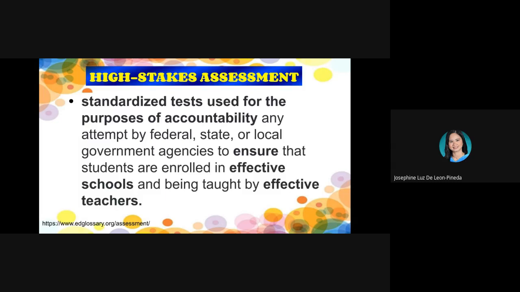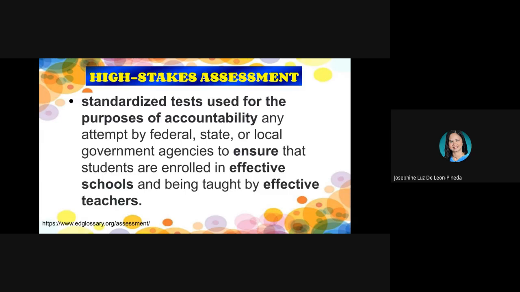In the case of the Philippines, we have the national government, the provincial, and even the local government agencies to ensure that students are enrolled in effective schools and are being taught by effective teachers. So in general, high stakes means that important decisions about students, teachers, schools, or districts are based on the scores students achieve on the high stakes test.